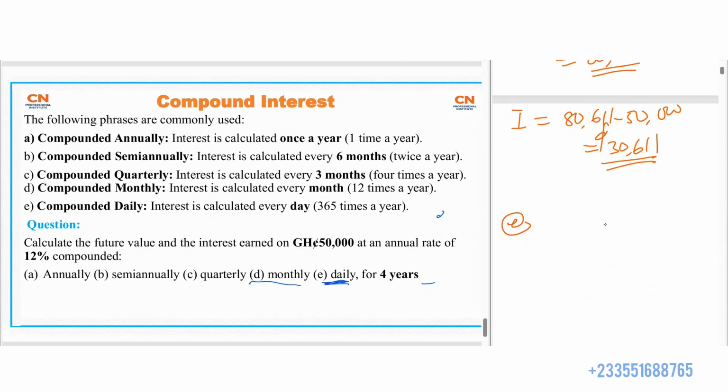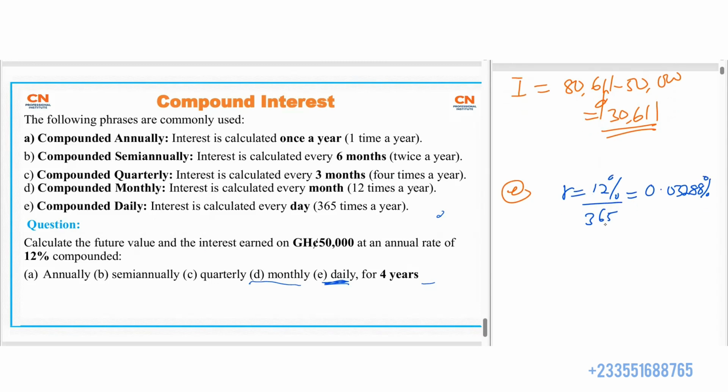E says compounding daily. If it's compounding daily, then your rate will be 12% divided by 365. We have 365 normal days in a year, and this will give you 0.03288%. Now you convert it to decimal. So it's either this percent or you divide this figure by 100.